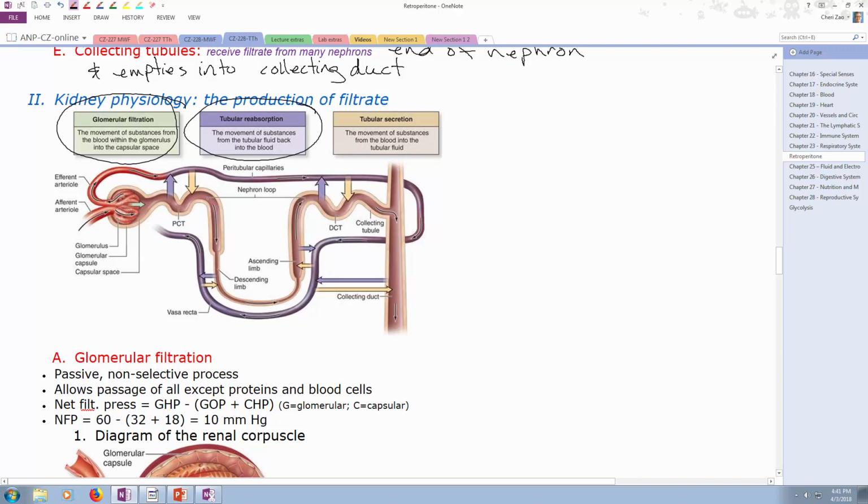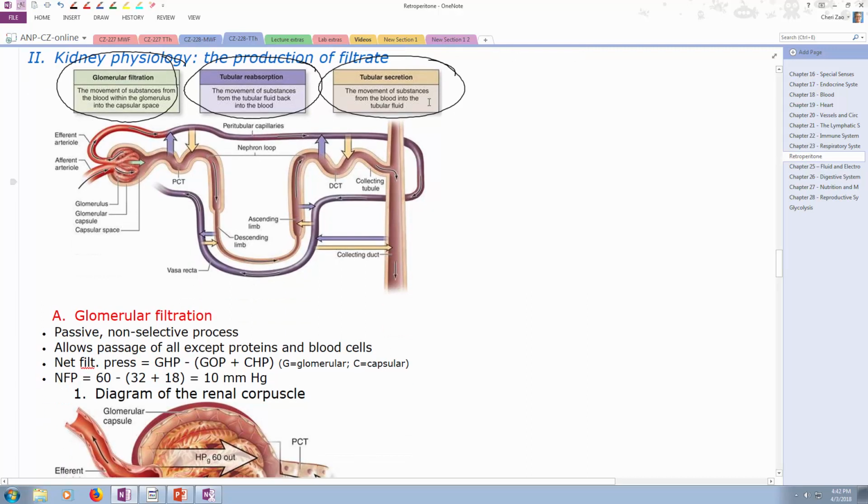So we take what your body needs and we put it back into the bloodstream, so you don't turn into a jelly. And things you don't want, that you want to get rid of, you will secrete into the filtrate. And so tubular secretion is also a process that is part of what happens with our nephrons and the collecting duct.